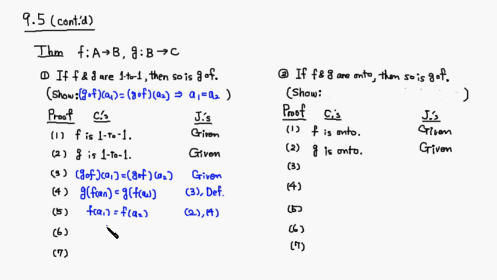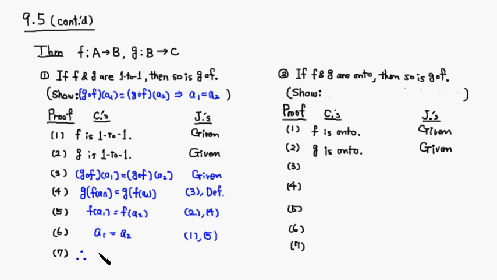But when you have f of a1 equal to f of a2, since f is 1 to 1 by itself, we know that a1 is equal to a2. I'm using the fact that f is 1 to 1 and line number 5. Therefore, we showed that if g of f of a1 equals g of f of a2, then a1 equals a2.